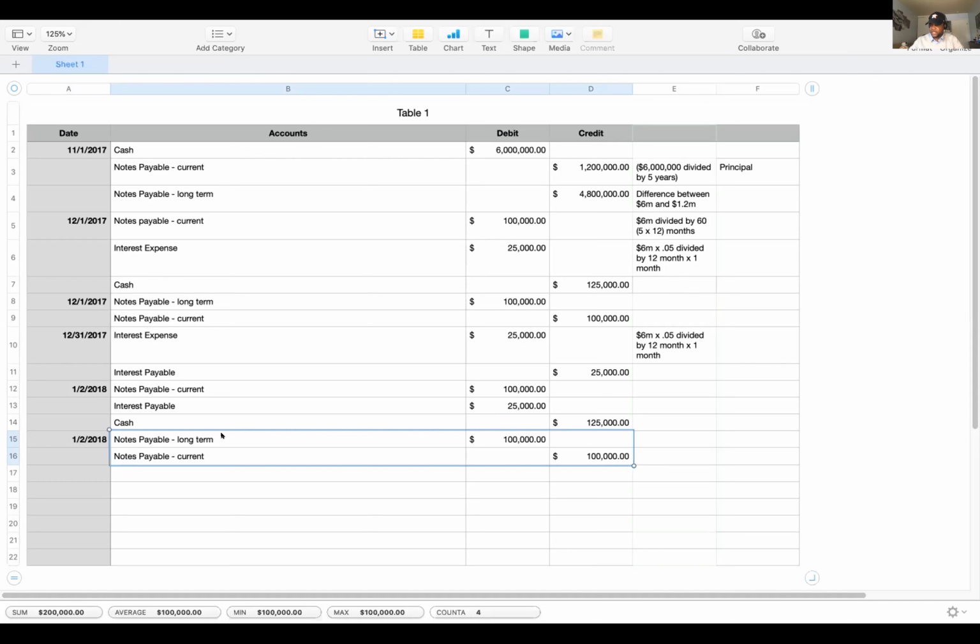So I hope you all feel good about this, because this is the simple method. And now we're going to talk about the compounding method.